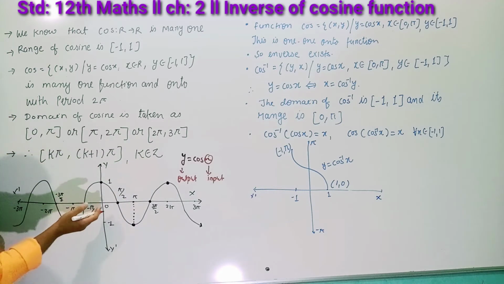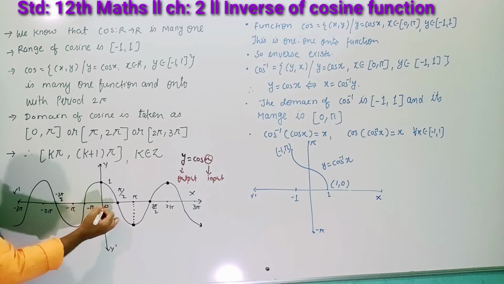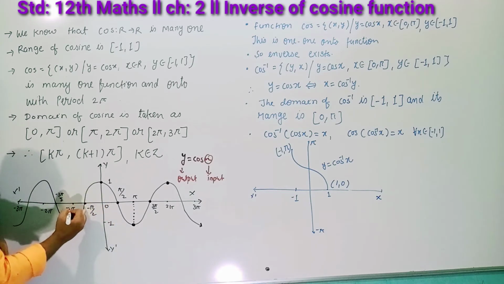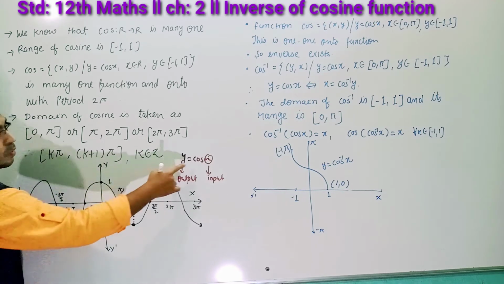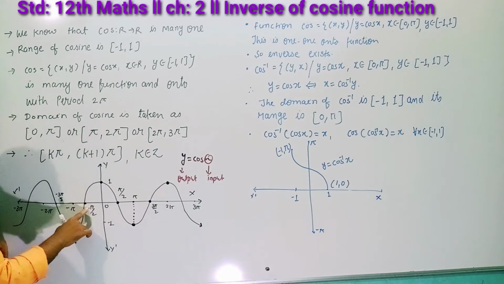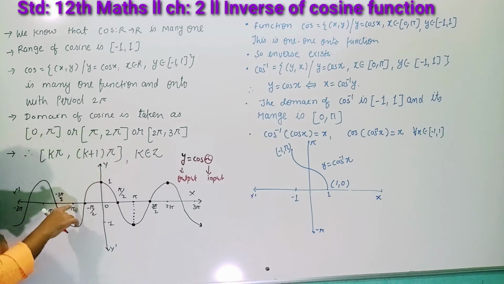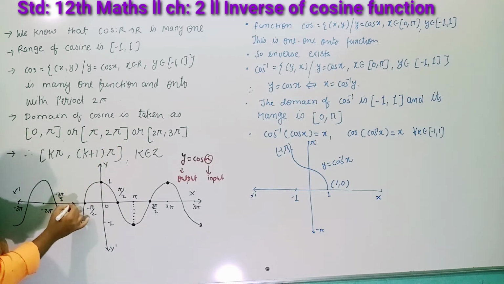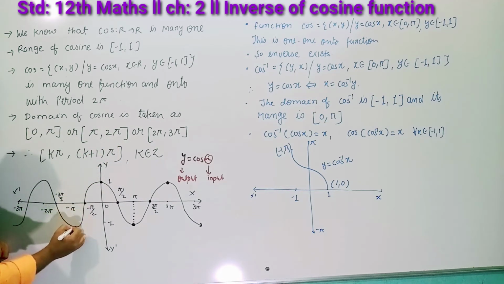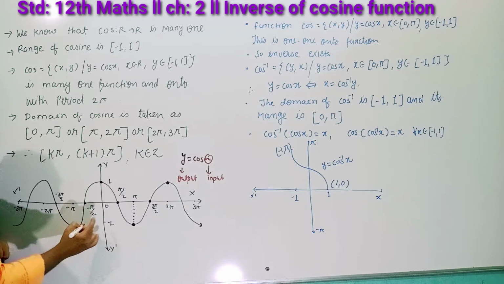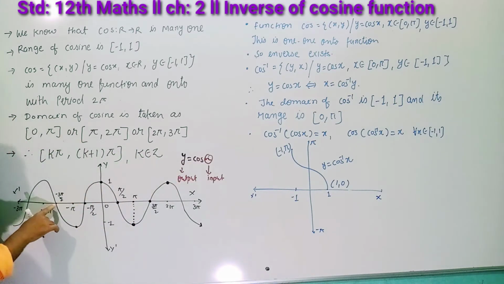So similarly, students, if you are putting minus pi by 2, the cos of minus pi by 2 will be 0. If you are putting minus pi, the cos of minus pi is always minus 1. If you are putting cos of minus 3 pi by 2, it will be 0.